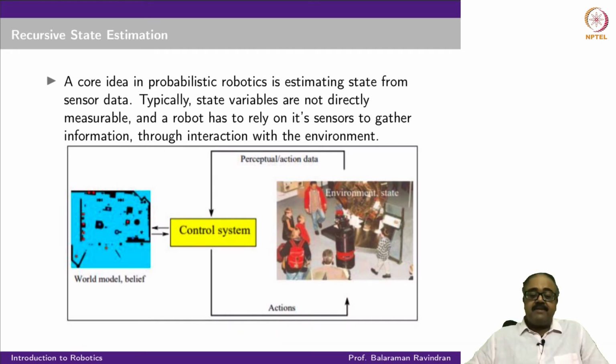So the information that the robot needs to reliably make decisions about what to do next, or how to behave in this environment, we call state information or state variables. And sometimes the state information is not directly measurable, as we saw here.